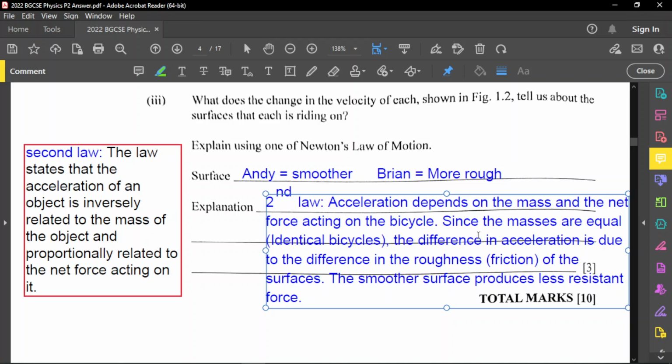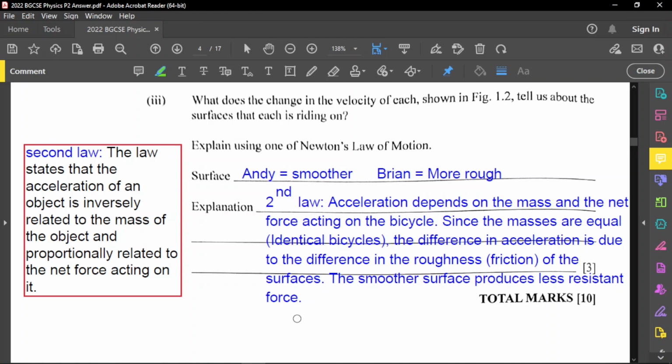Since the masses are equal because they're identical bicycles, the difference in acceleration is due to the difference in the roughness or the friction of the surfaces. The smoother surface produces less resistance, so there's less friction. That can also be explained by the inertia law, which is the first law of motion.